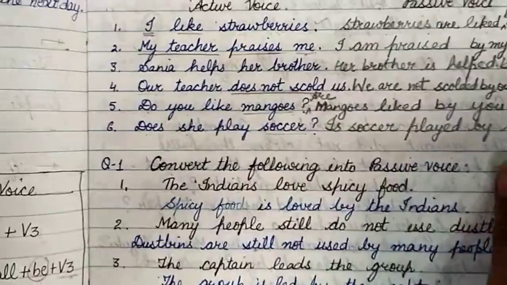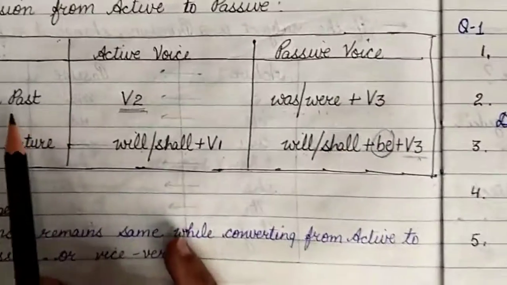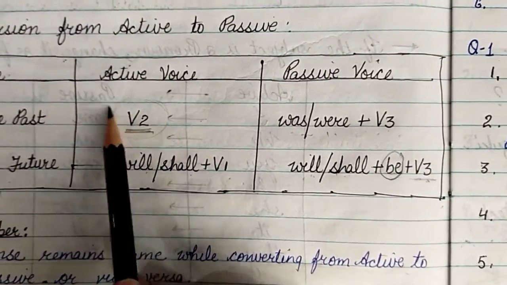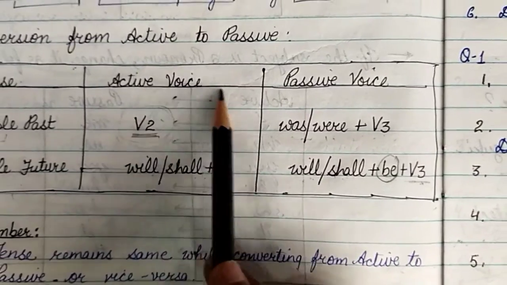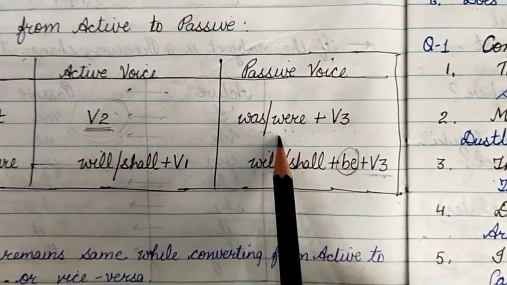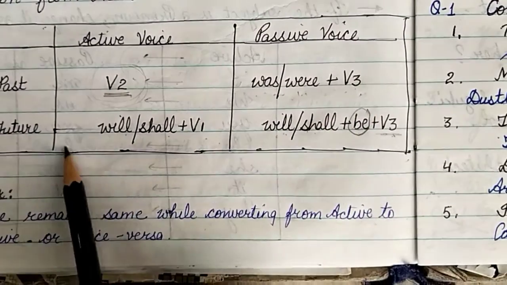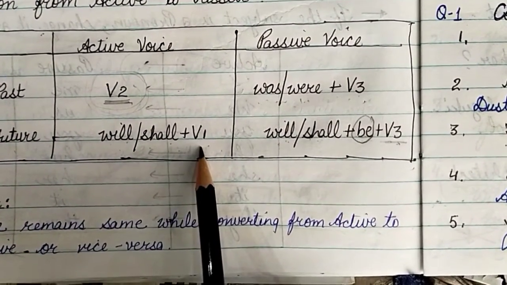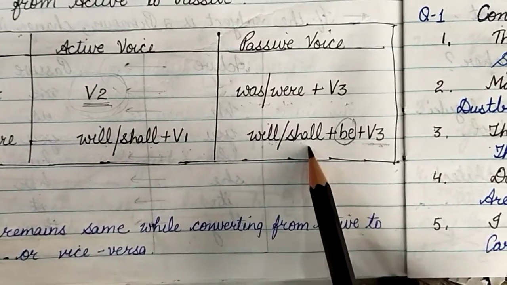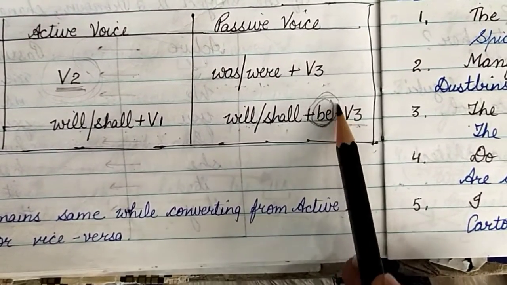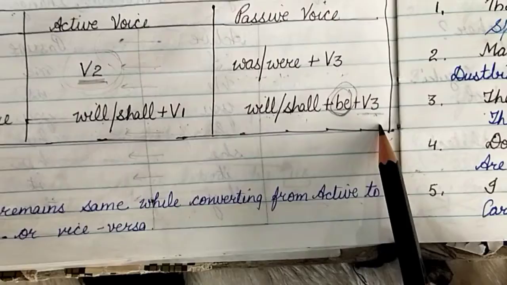Similarly, we have a rule for simple past. In simple past, you find the second form of verb. So to change that, you use was, were plus third form. And similarly, in simple future, will, shall plus first form; you'll use will, shall the same, but add the word be and the third form. Let's take one sentence of this again.